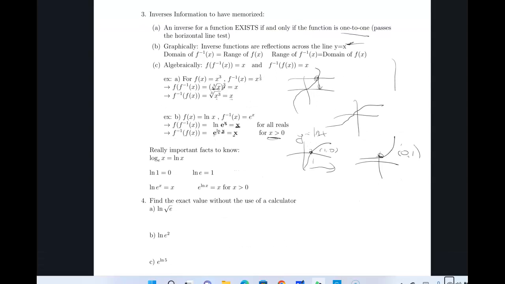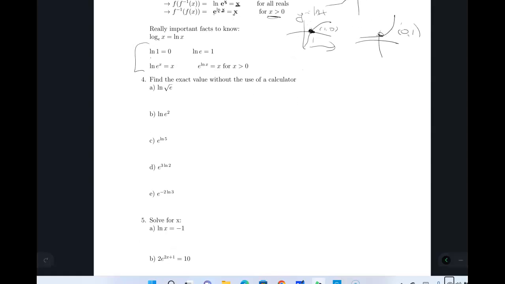So log base e is ln, and these are things you should know. So ln of 1 is 0, and ln of e is 1, right? ln of 1 is 0 right there, and ln of e is 1. Okay, so without using a calculator, no calculators, you're not going to have one hardly ever, let's figure out what this is. So I know that that's a 1/2 power, right?